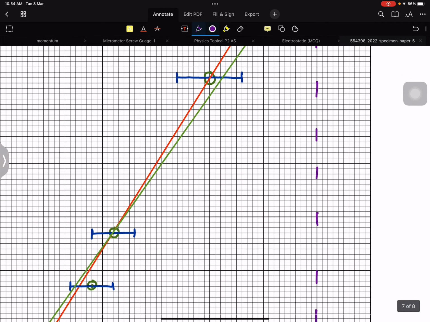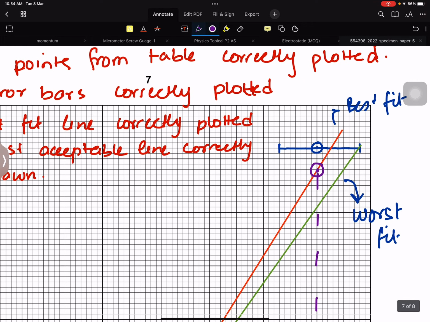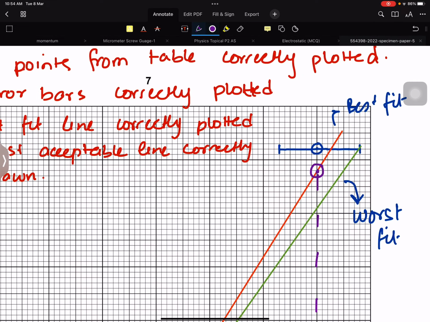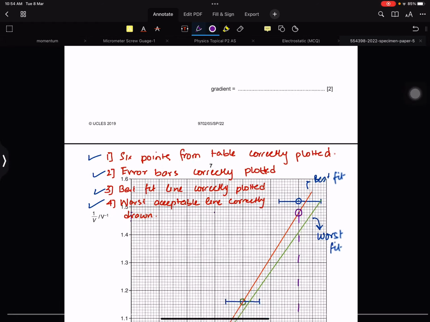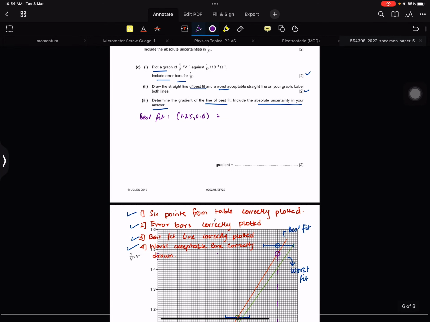This one is about 4, and this goes till here, which is basically 1.45, 46, 47, 48. So this is 4 and 1.48. Okay, so I got 2 points.